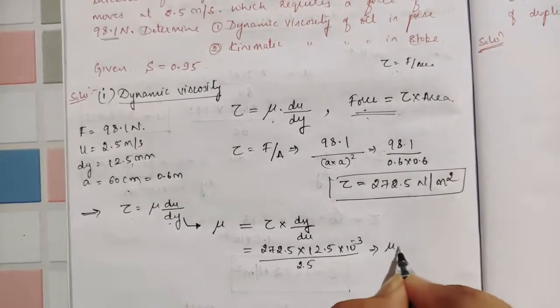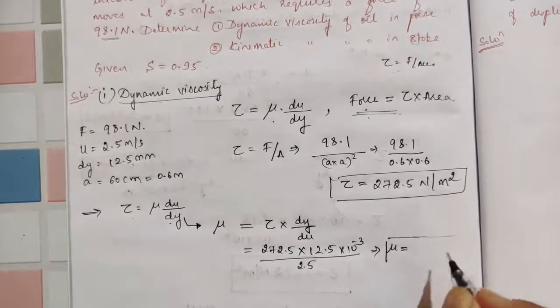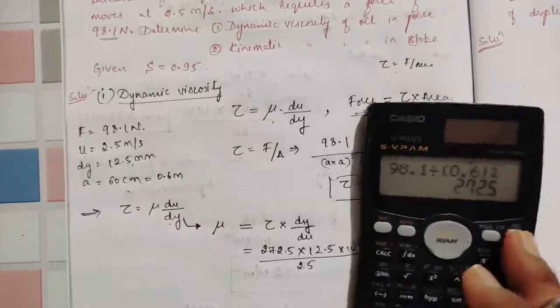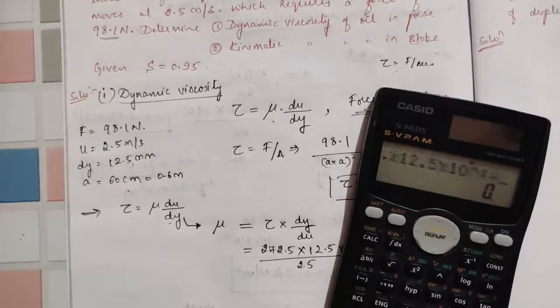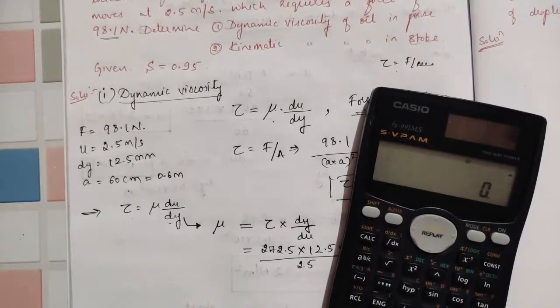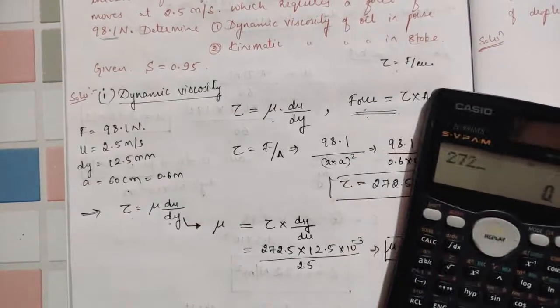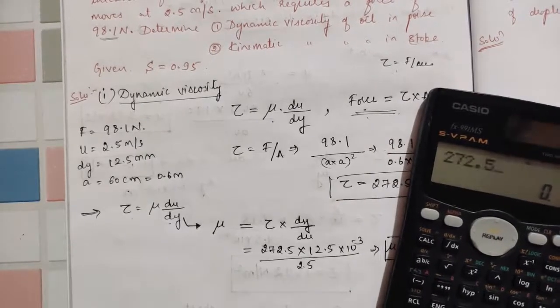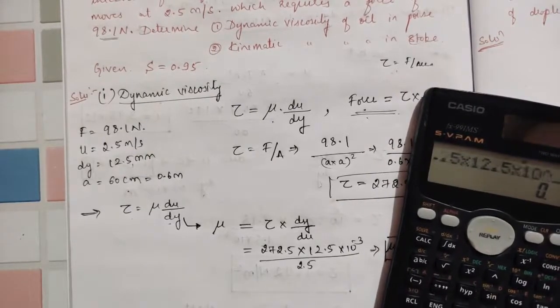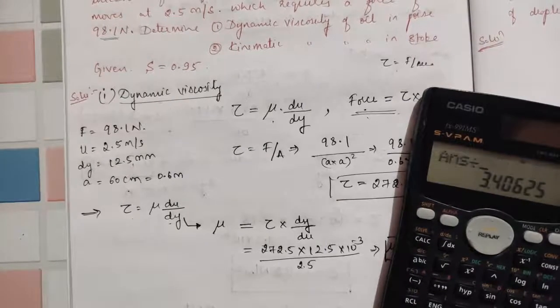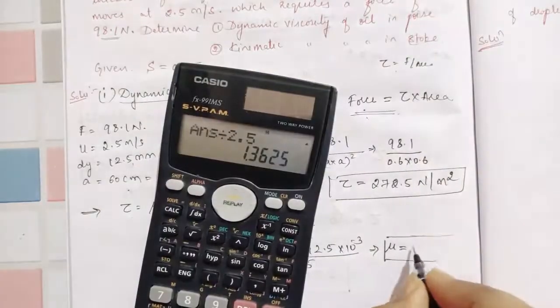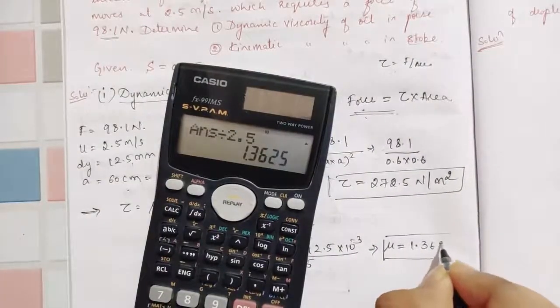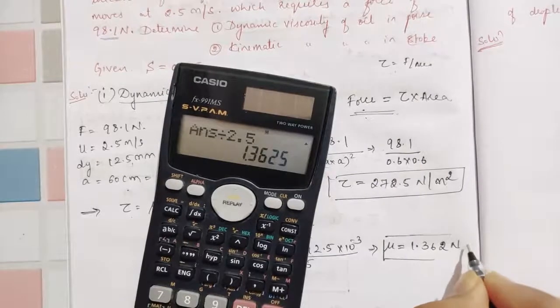So the dynamic viscosity is 272.5 into 12.5 into 10 power minus 3 divided by 2.5, which is 1.362 Newton second per meter square.